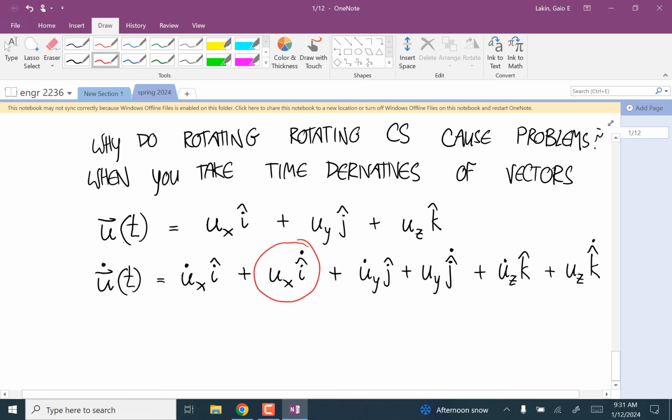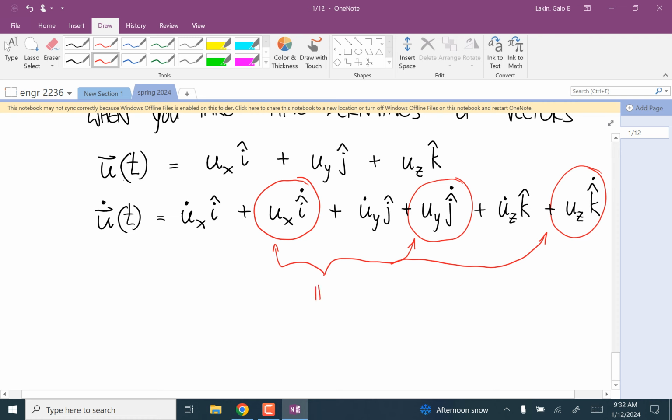So these terms, if these are non-zero, they're a pain to work with. We're going to have to think of ways to work with those.